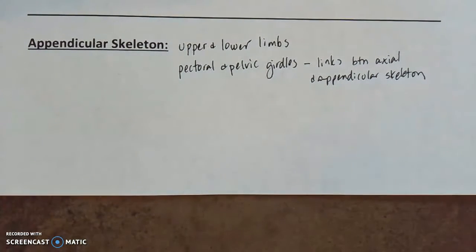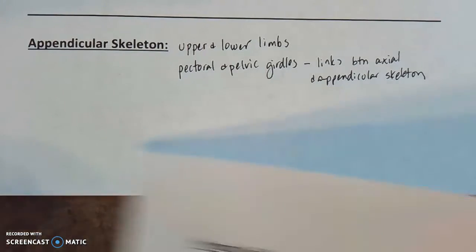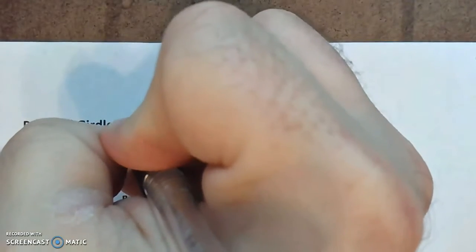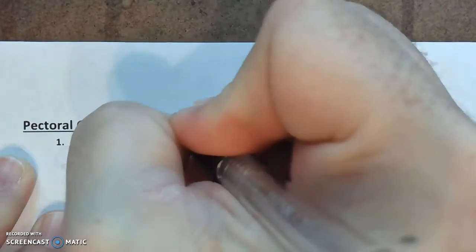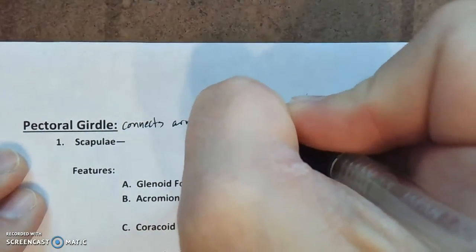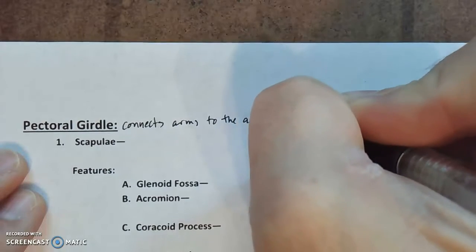So we're going to start with the pectoral girdle. And that is going to involve connecting the arms to the axial skeleton.